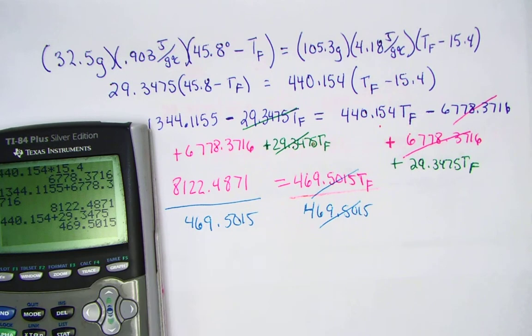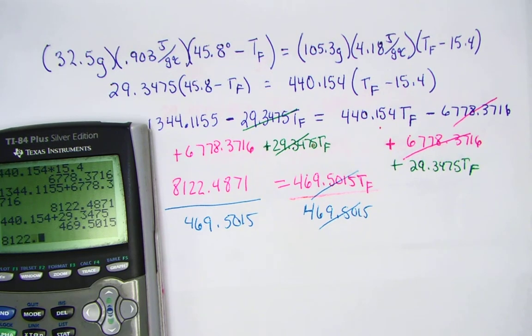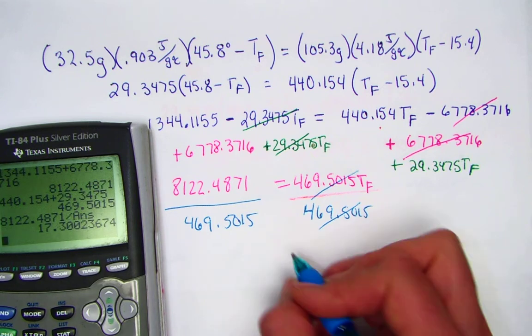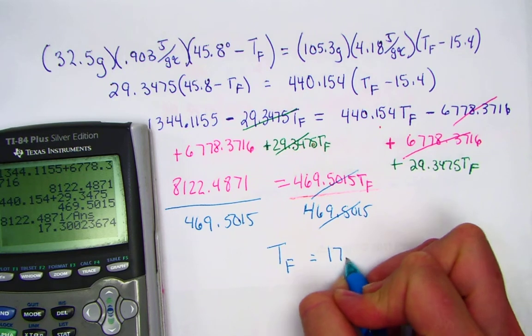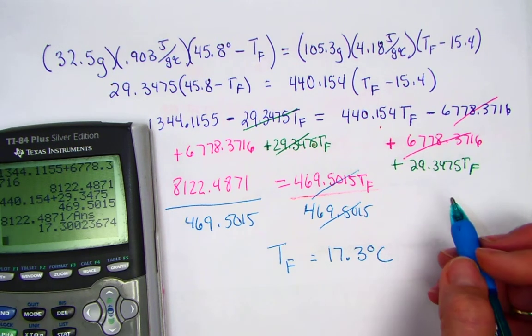So I'll just hit on my screen 8122.4871 divided by 469.5015. And the final temperature is 17.3 degrees Celsius.